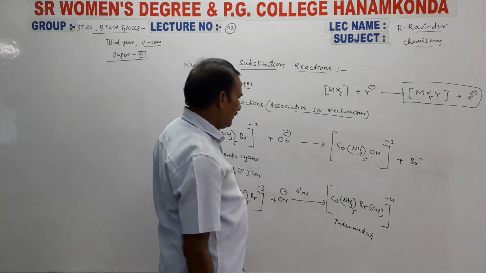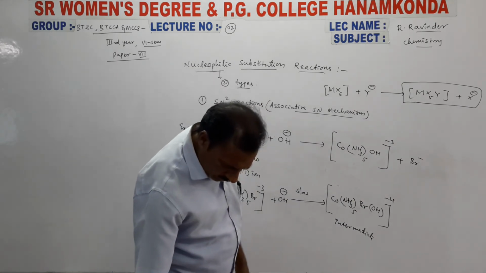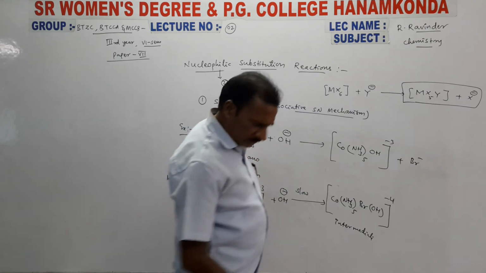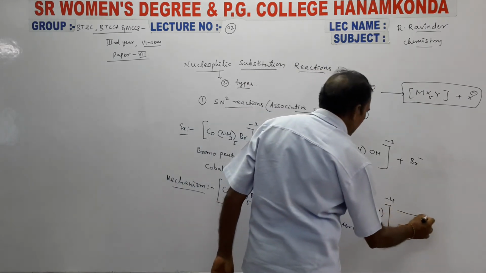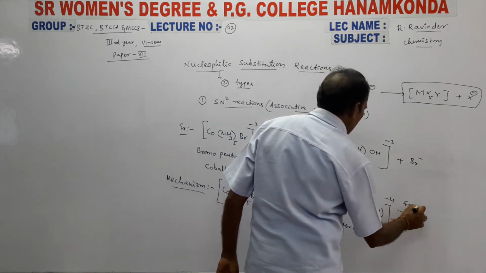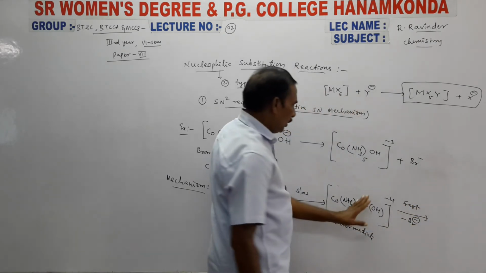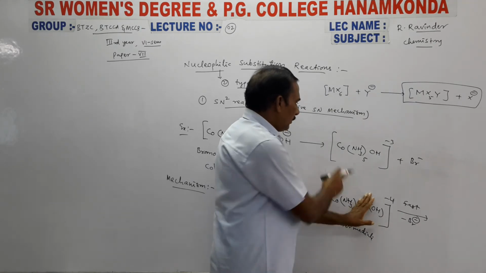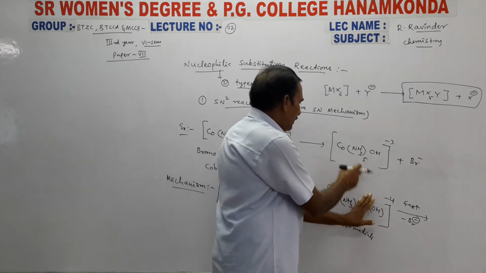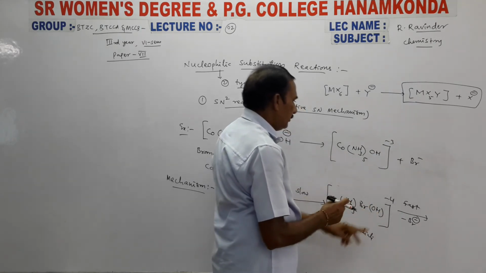Now, in a fast step, Br minus, bromine, is eliminated to form this compound, CoNH3 OH.